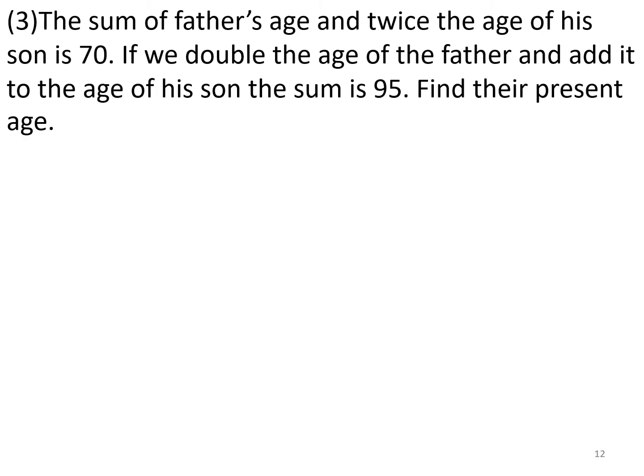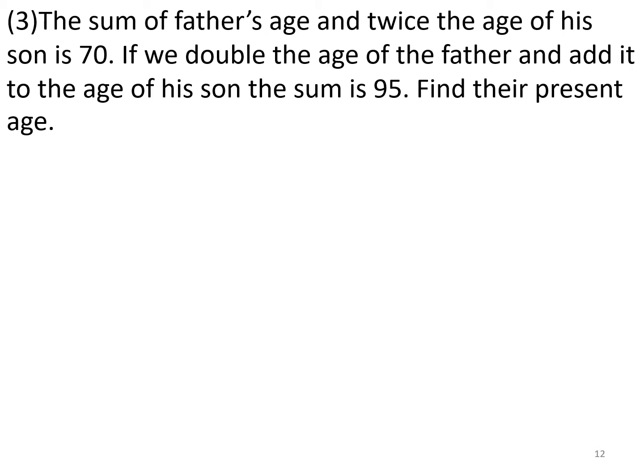Third question: the sum of the father's age and twice the age of his son is 70. If we double the age of the father and add it to the age of his son, the sum is 95.